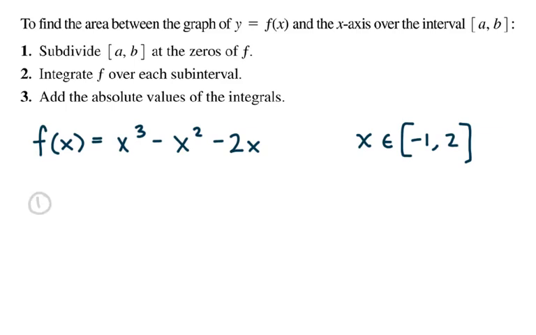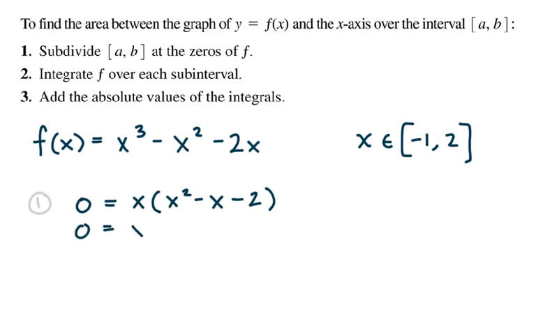So my first step here, I'm going to take the function and calculate the zeros. And the zeros are calculated by setting that function equal to 0 and then trying to factor. In this situation, I can factor out a GCF of x, which leaves me with x squared minus x minus 2.